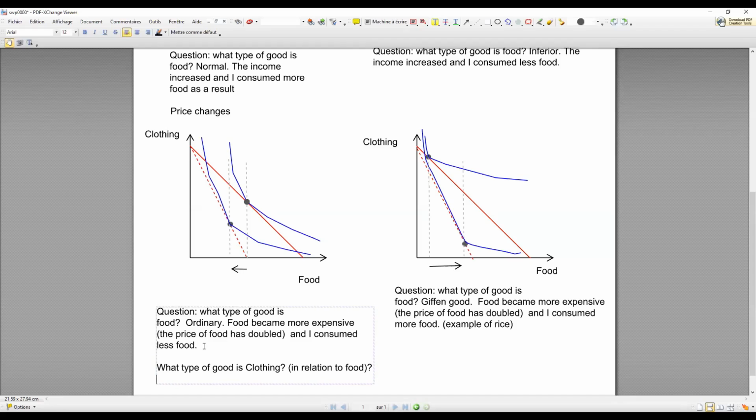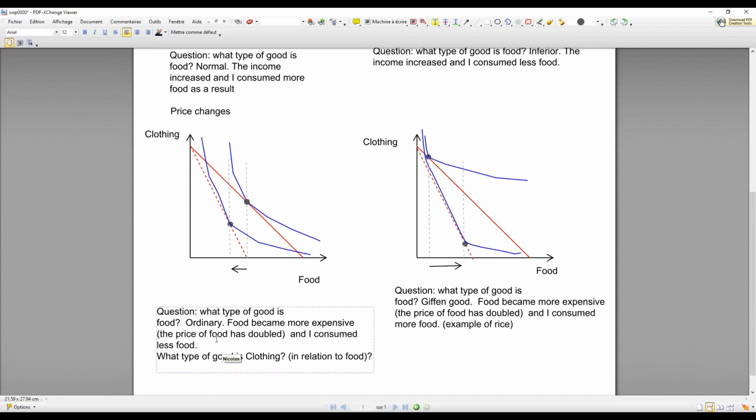So I'm going to give you a hint. Is clothing a substitute or a complement of food? For this example. Substitute. I think not. How do you know?